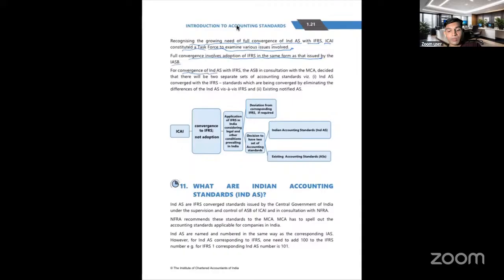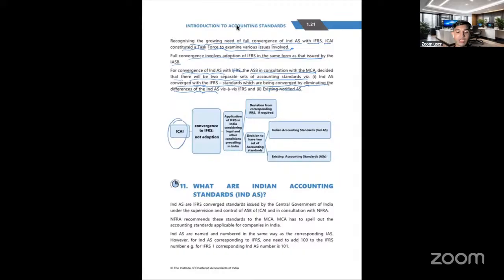For convergence of Ind ASs with IFRS, the ASB, in consultation with the MCA, decided that there will be no two separate sets of accounting standards. For example, Ind ASs are converged with IFRS by eliminating the differences between the Ind ASs and the IFRS and existing notified standards.